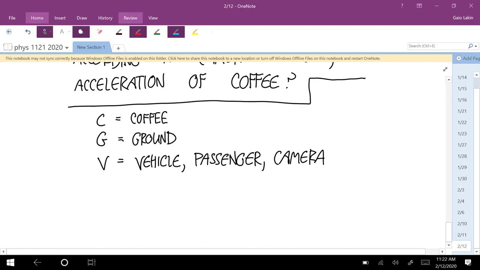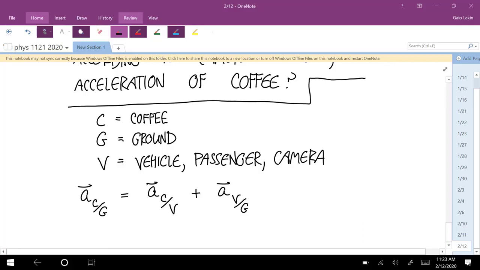And we're talking about acceleration, so we want the acceleration equation. So the acceleration of the coffee relative to the ground is equal to the acceleration of the coffee relative to the vehicle plus the acceleration of the vehicle relative to the ground.